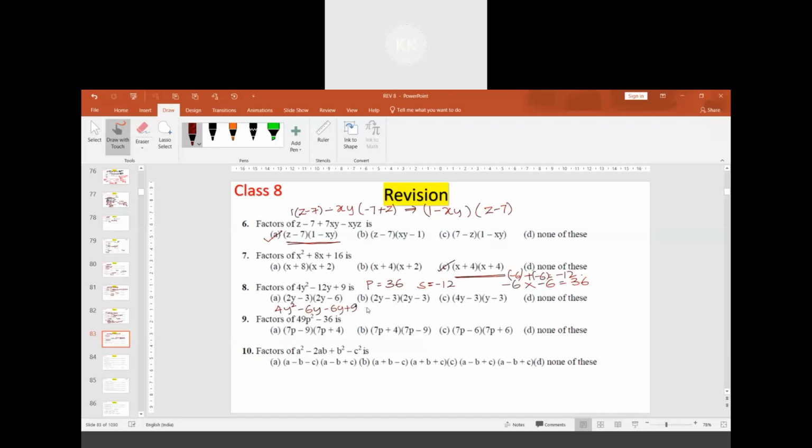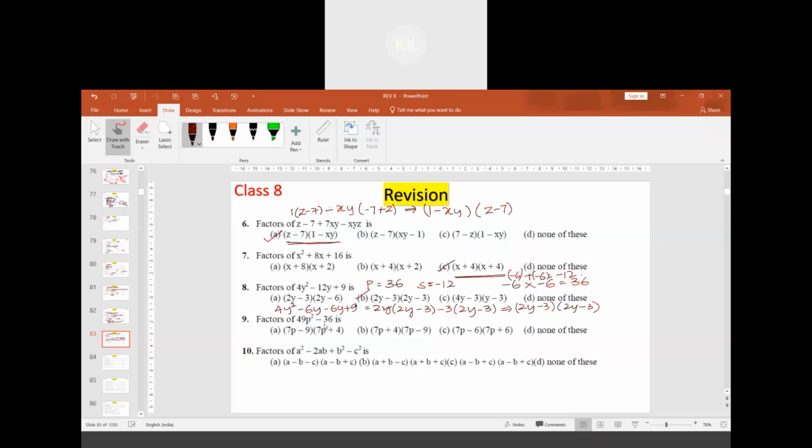In the first two terms, 2y is common. 2y remains, minus 3. In the other two, we can take 3 out. We get 2y minus 3 into 2y minus 3. So it's option B.